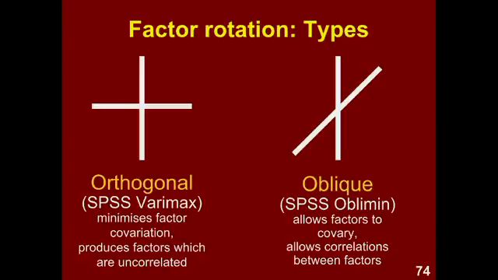Now, a little bit like the methods of extraction, PAF or PC, you will get similar solutions, but it will actually be more obvious that probably one is superior to the other one. And we'll look at that more closely in tutorials, how you can make that decision.